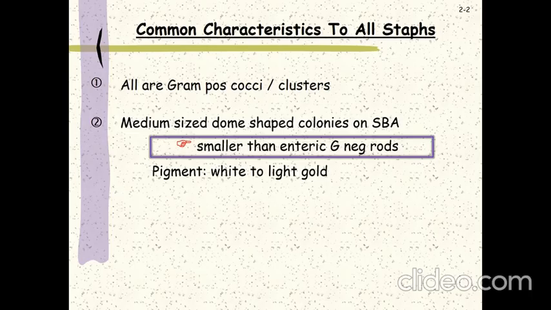If it's going more light gold, it's more often a Staphylococcus aureus, but like we talked about before, if there is variation within the species, then you can't call it that. So we don't use pigmentation to identify it, but it might help you or make you second guess a test that you saw. So, pigment white to light gold, and these are uniform, medium-sized, dome-shaped colonies.